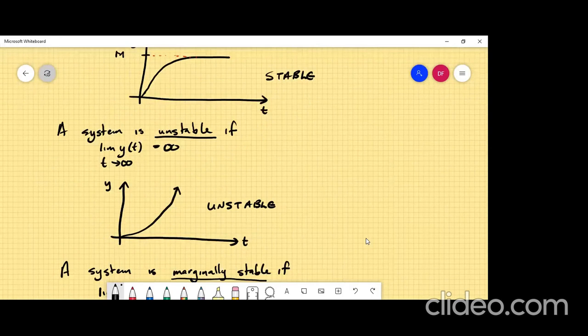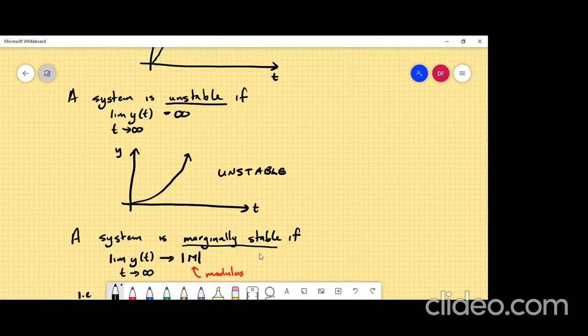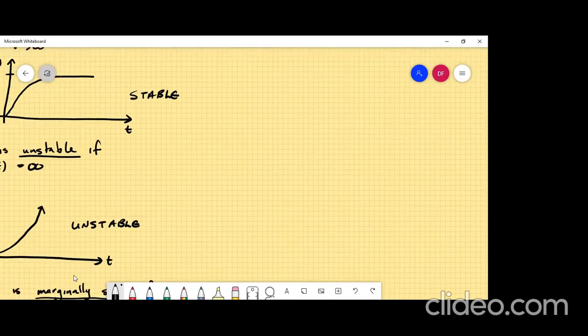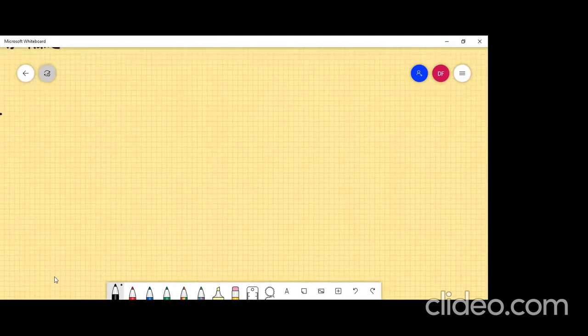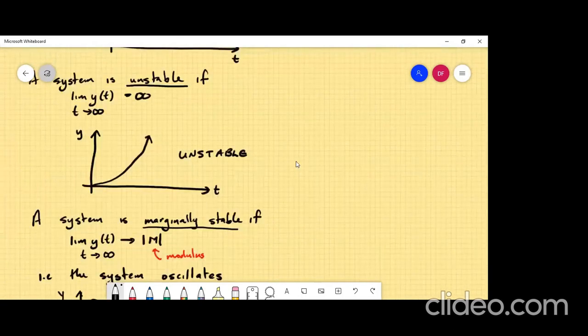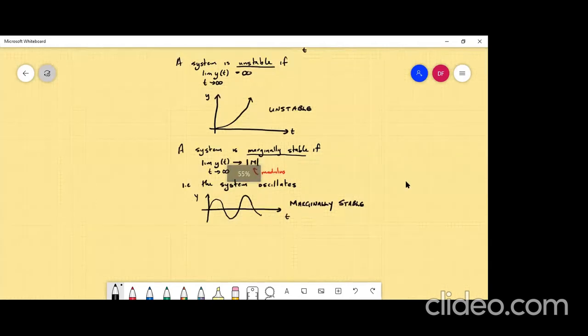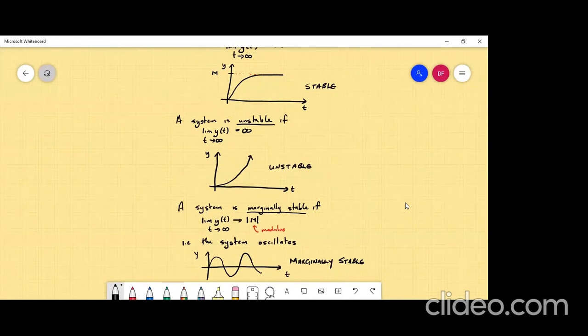Now, let me just go to something else and ask a few questions. Sir, can you show us a graph for marginally stable? Okay. Sir, the line that goes straight across, is that just the horizontal axis, or is that the line for M?